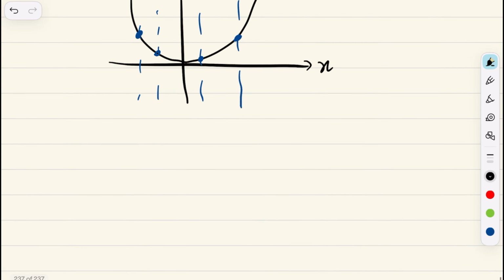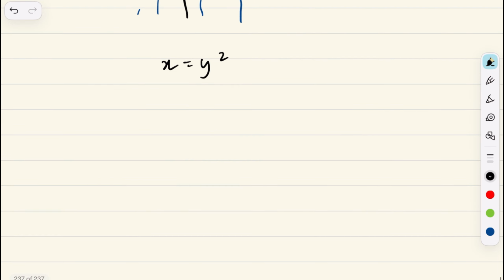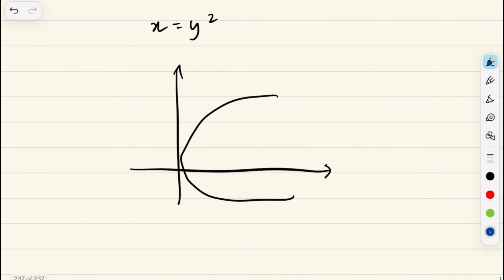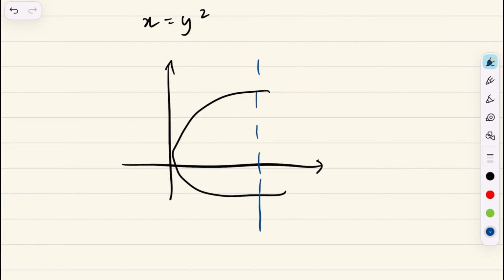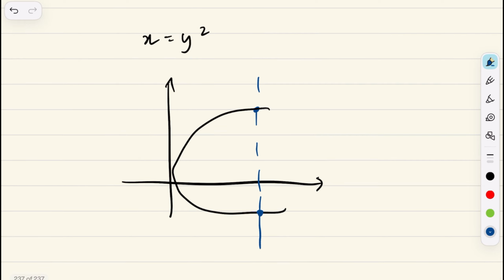However, if it's not a function, let's say x equals y squared, we're going to get a horizontal parabola. So we're going to get something like this. If we were to draw a vertical line, you can see that there are places on the graph where there are two intersections.